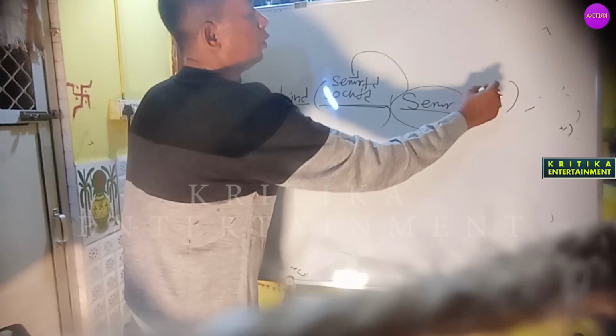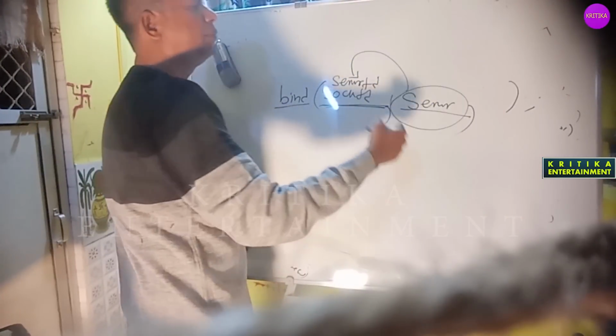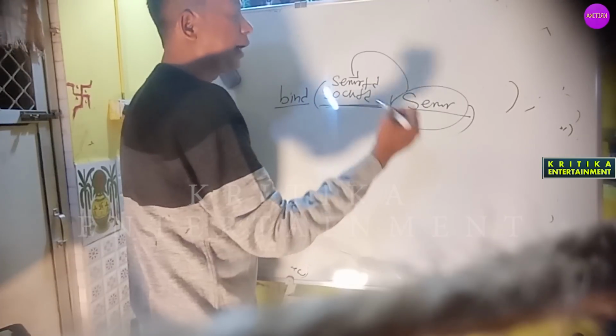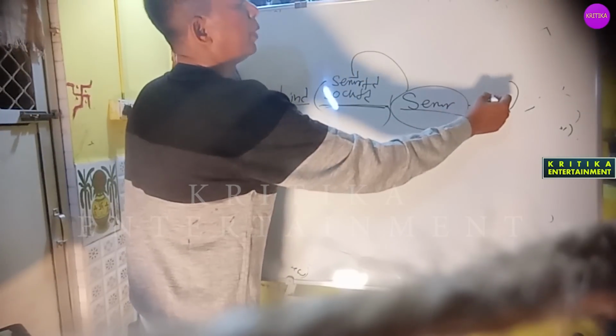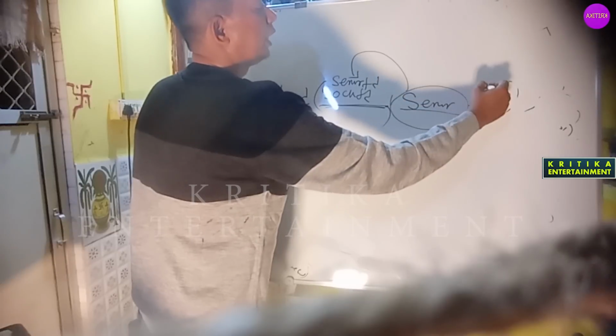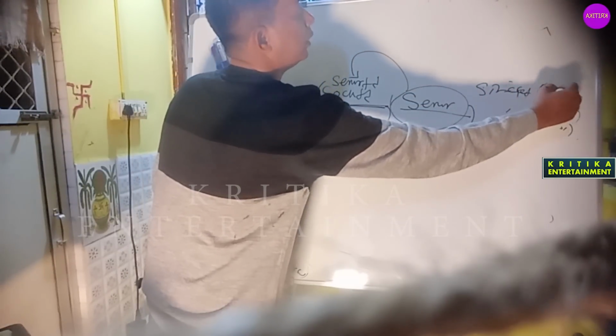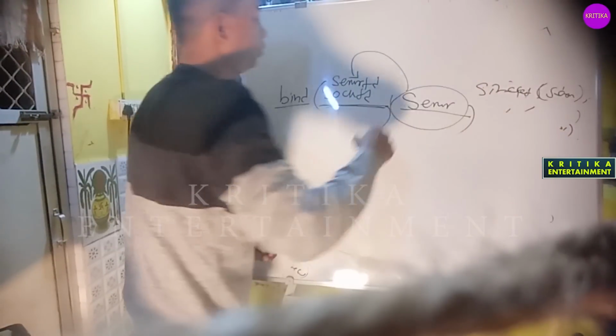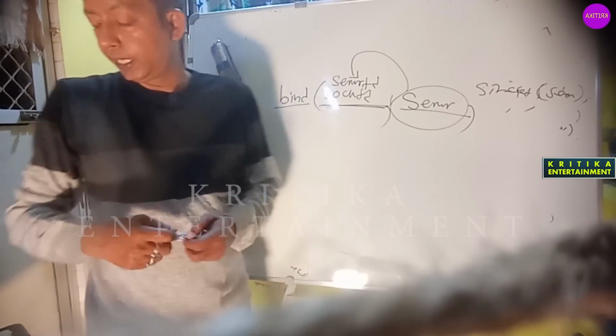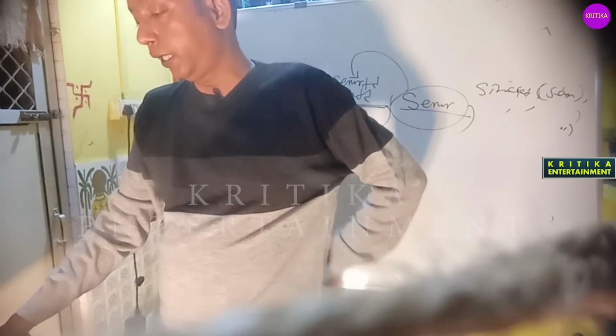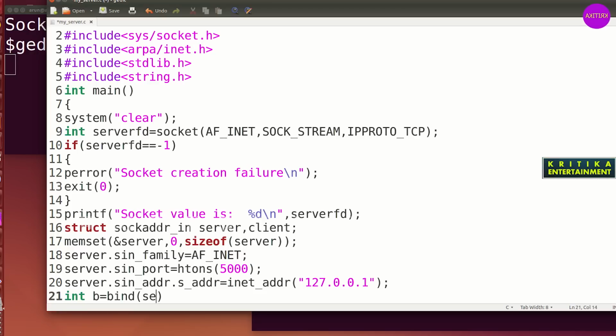And how much server data you have to specify here, that is called what? Size of server. So here I will declare it. The bind function takes 3 arguments. First is server fd.